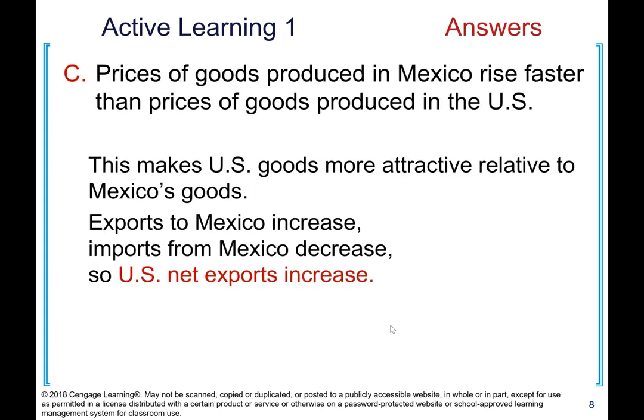Number C, prices of goods produced in Mexico rise faster than prices of goods produced in the US. This makes US goods more attractive relative to Mexico's goods. Exports to Mexico increase, imports from Mexico will decrease, so US net exports will rise.